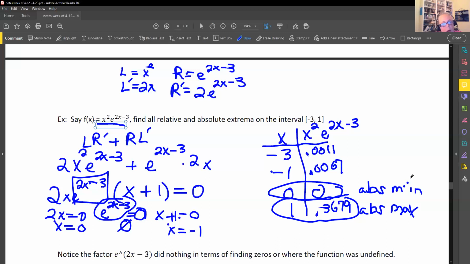Now, I'm going to plot these points, sort of anyways. -3 is 0.0011, so it's like here, somewhere low. -1 is 0.0067.